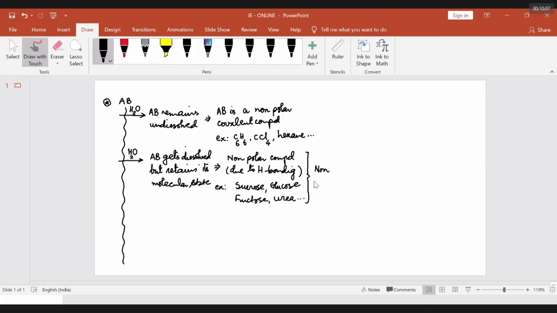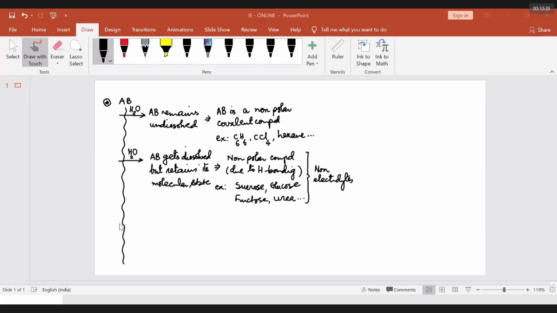This is one way to understand the concept. There is another way I need with respect to my chapter, so I am going along those lines. What are these substances? They are non-polar covalent compounds, but soluble because of hydrogen bonding, and they retain their molecular state. They are not becoming ions.